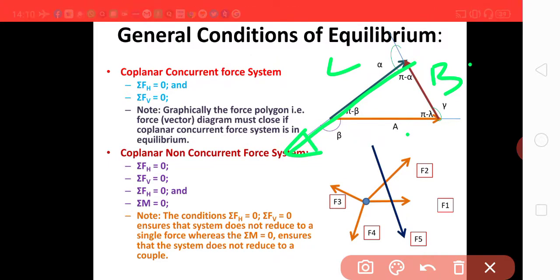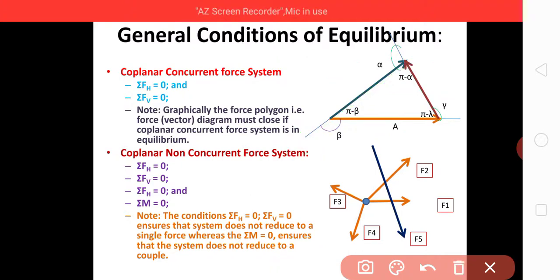It means this arrow should have been here. Then force C is equivalent for force A and force B. Force A is equivalent for force B and force C, and force C is equivalent for force A and force B, and so on.